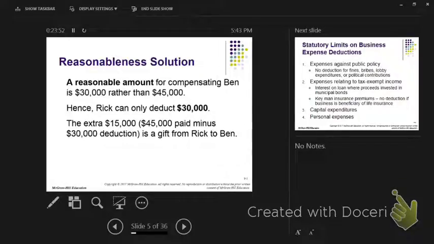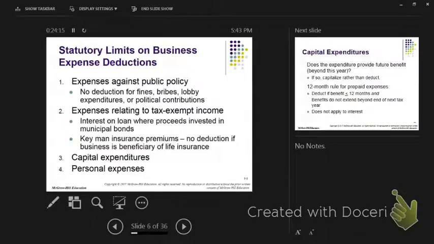That's why this reasonableness test exists, to make sure that people are not manipulating salaries to people that they know, to help them and also bring down their taxes. Right. So that ends up being a gift.